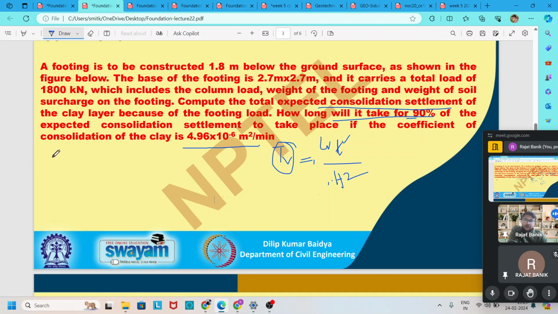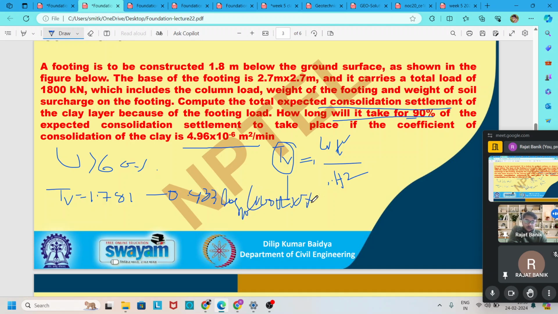We know that the time factor depends on the degree of consolidation U. Our degree of consolidation is greater than 60%, so we have to use this formula to get the time factor, that is 1.781 minus 0.933 log 10 of 100 minus the degree of consolidation in percentage.